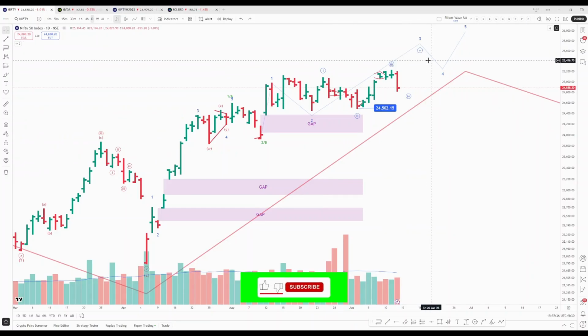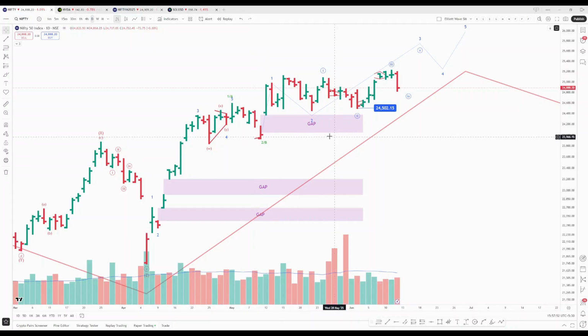So that gives us two alternatives the way I see it. One alternative is this is an ending diagonal, where what we are considering 1, 2, 3, 4, 5 is essentially a C, because it can only happen in C, and this 1 was actually A and this 2 was B and then this 3 is actually C. So this A, B, C basically will become a corrective structure, right?